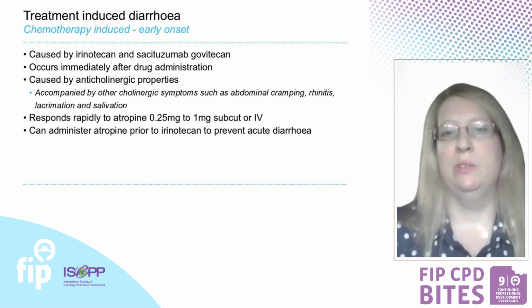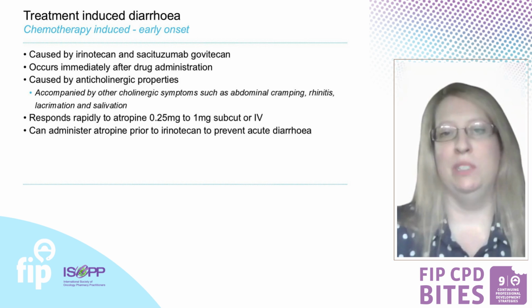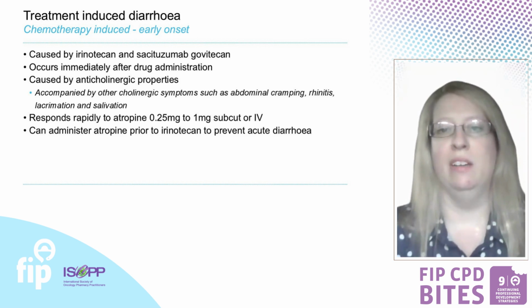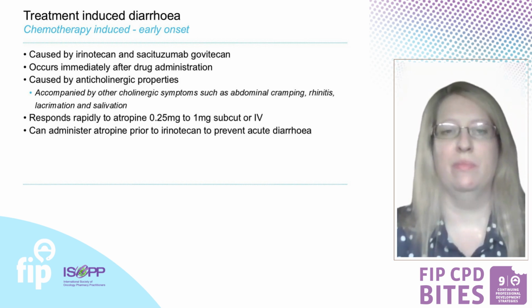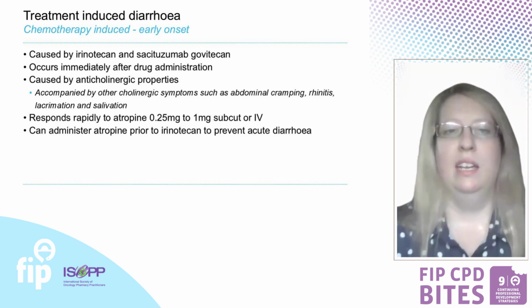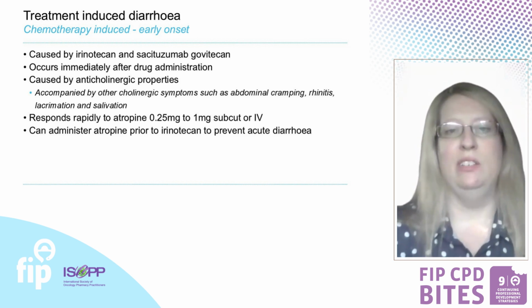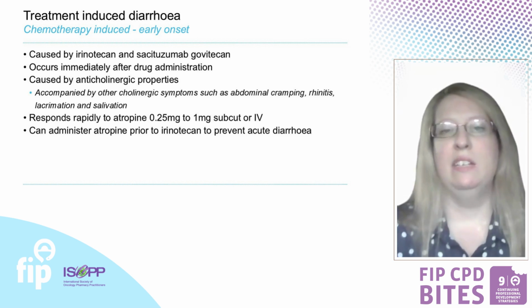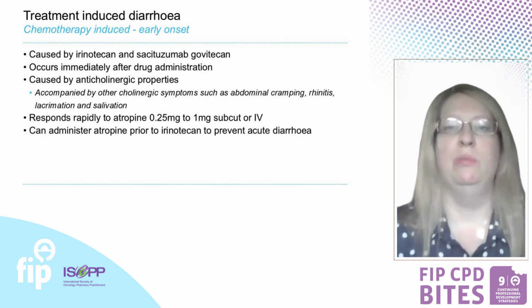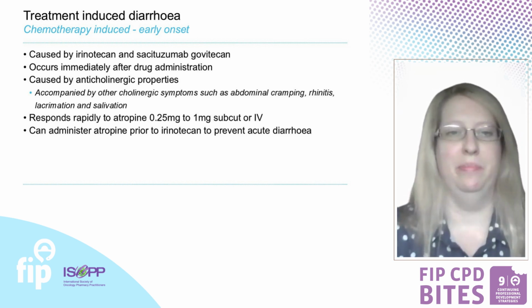The diarrhoea is also accompanied by other cholinergic symptoms such as abdominal cramping, rhinitis, lacrimation, and salivation. It responds rapidly to atropine 0.25 milligrams to 1 milligram subcut or IV, and this can be administered prior to treatment to prevent acute diarrhoea.